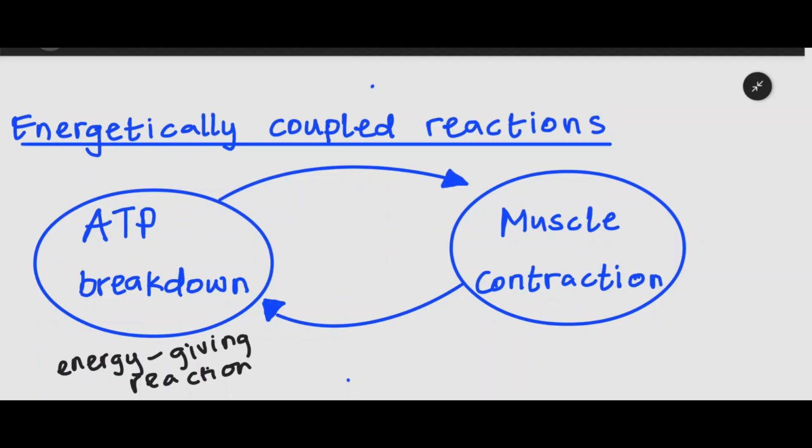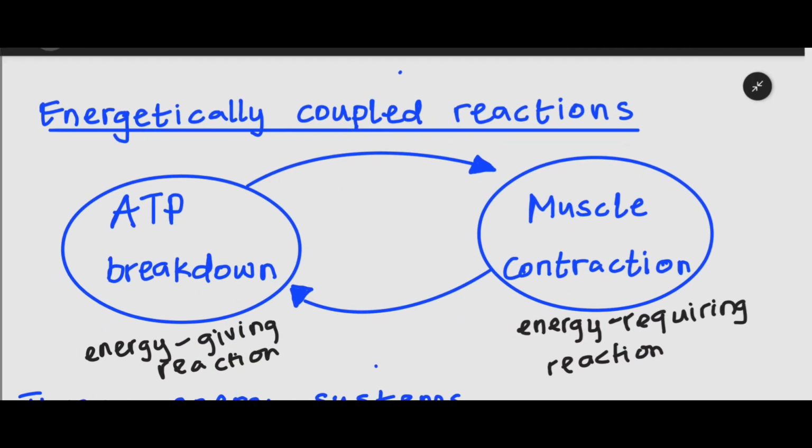So the muscle contraction part of this energetically coupled reaction needs energy. So it is the energy-requiring reaction. So these are coupled reactions. ATP gets broken down to release energy, and that energy powers contraction.